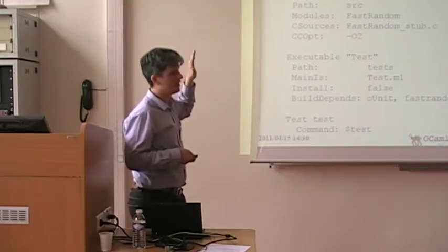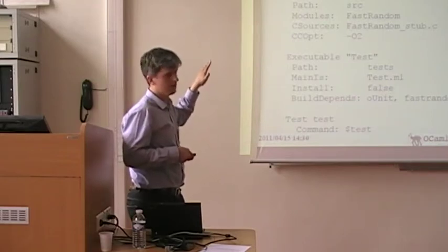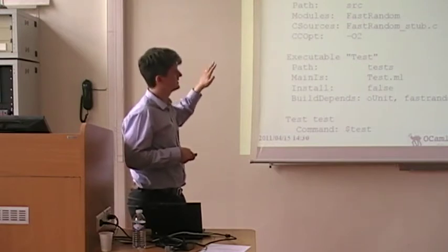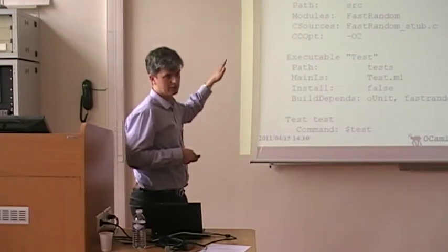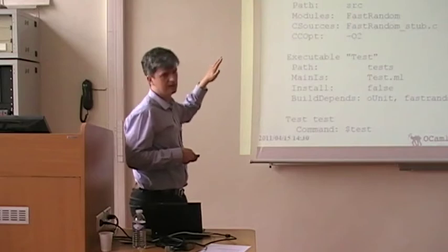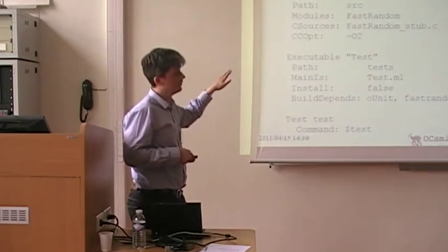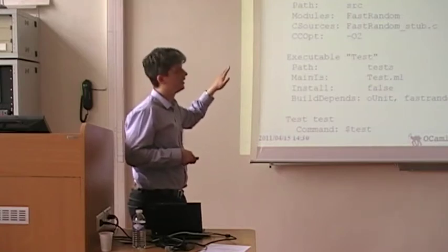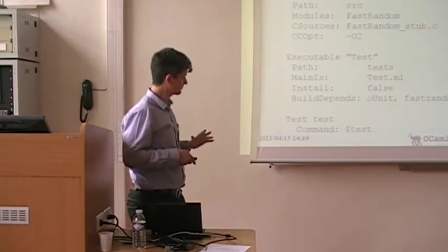It's all you have to maintain to describe your build dependencies in your project. The rest is generated using this file. We generate a full OCaml build system using this file. We generate a configure script using this file, and we install everything using this file. This is enough for a single project.